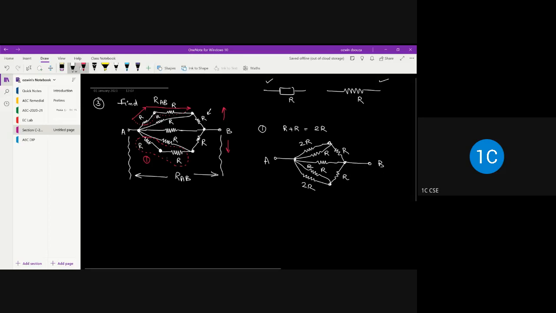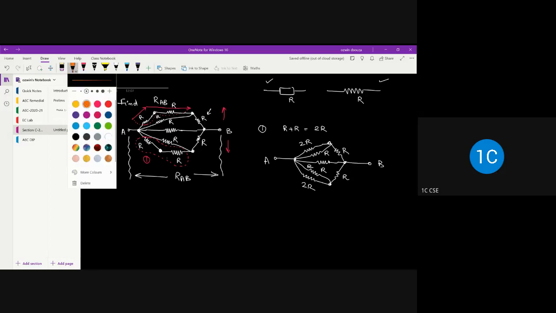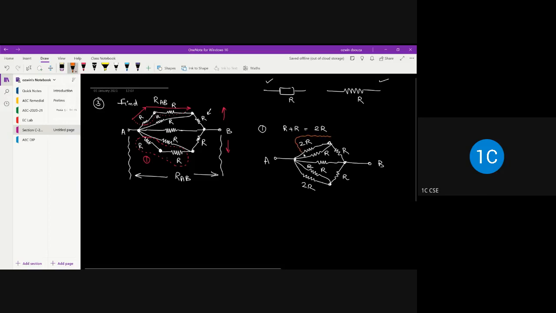Now, in the second step, you can observe that this 2R and this R are connected in parallel, right? Let me mark that particular region. Similarly, this R and this 2R are connected in parallel. So this is step 1, and here let me write step 2.